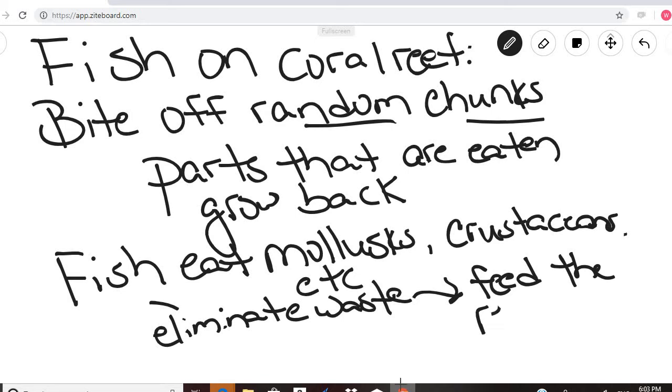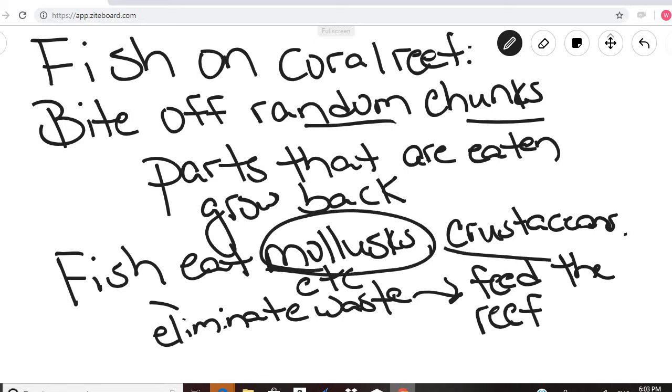So in that way, the substances within the mollusks and the crustaceans end up feeding the reef, because the fish eat them and eliminate waste, and then that provides nutrients for the reef.